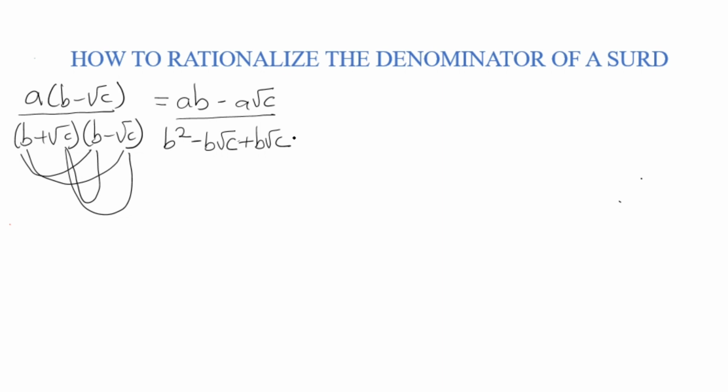Positive negative is negative, so minus root c all squared. This now gives us our final answer of ab minus a root c, all divided by b squared minus root c all squared.